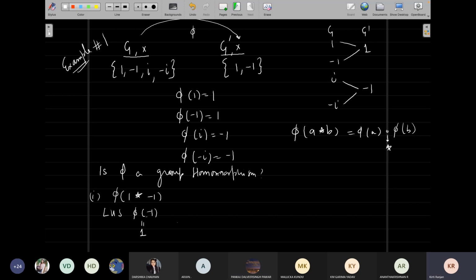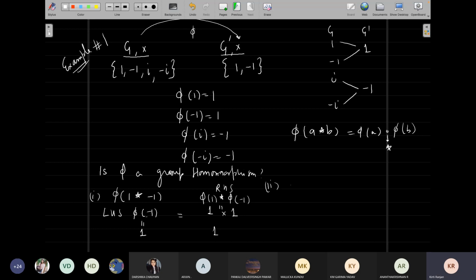Equal to 1. Let's look into the right hand side. Phi 1 star, since in this case it is the same, phi minus 1. This is the RHS. What is the result? Phi of 1 star phi of minus 1. What is phi of 1? 1. What is phi of minus 1? 1. What is the result of 1 cross 1? 1. So is the LHS the same as the RHS? Yes, for this element.